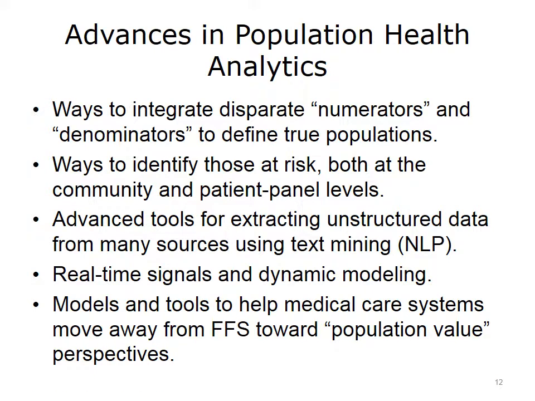HIT will allow an array of things in the future that couldn't really be done easily before. The first on this list is the way to integrate numerators and denominators to define true populations. Those of you who have taken an epidemiology course understand that one always needs to try to look at who's at risk. Who's the target? Is it everybody in the community, for example?